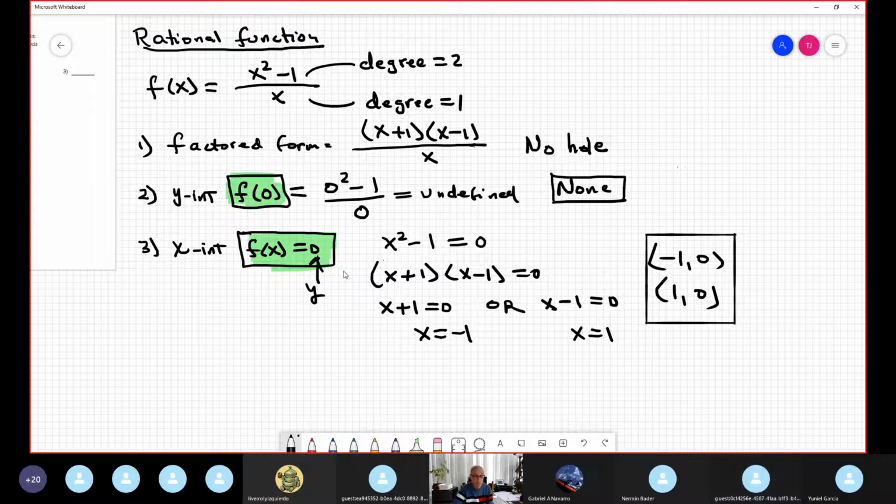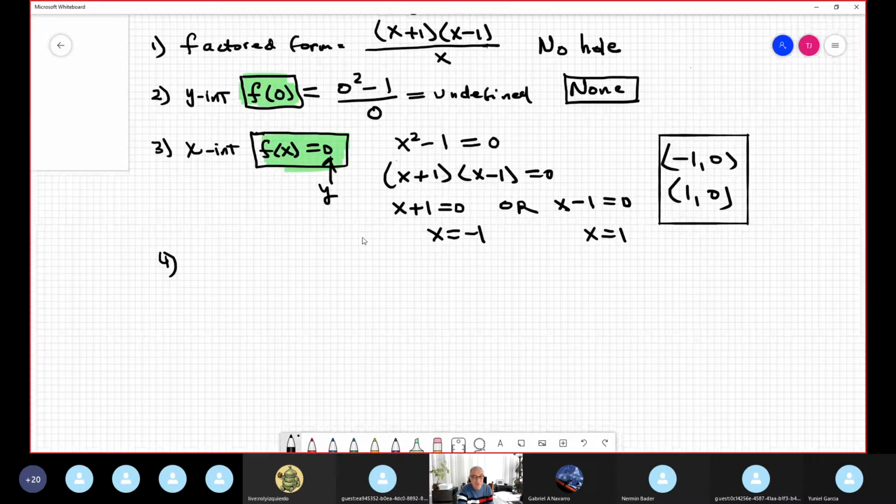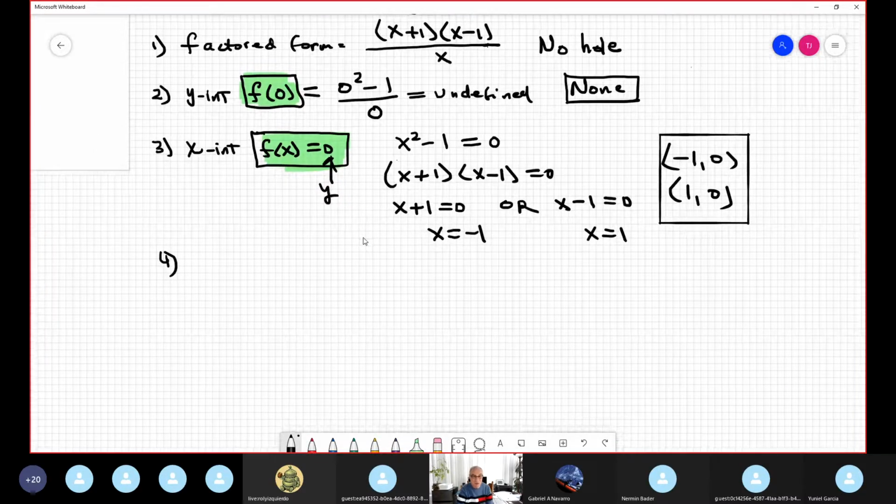So far, everyone follow me? Yes. Let's move on to step 4. This is classic, guys. This is a 7-step process, explained in the lecture, and you are doing it step by step. What is the next step? Vertical asymptote. What is the formula for finding the vertical asymptote? You take the polynomial on the bottom. Remember, f of x in general is p of x divided by q of x.